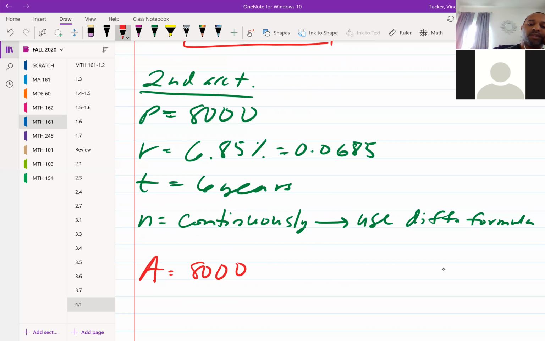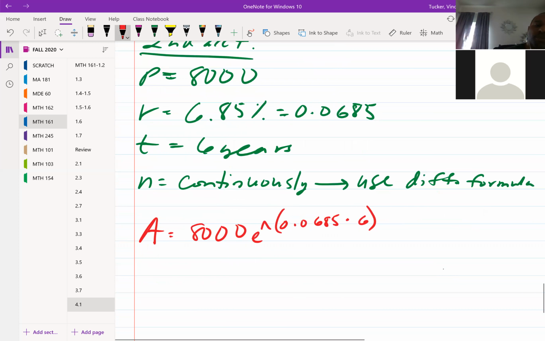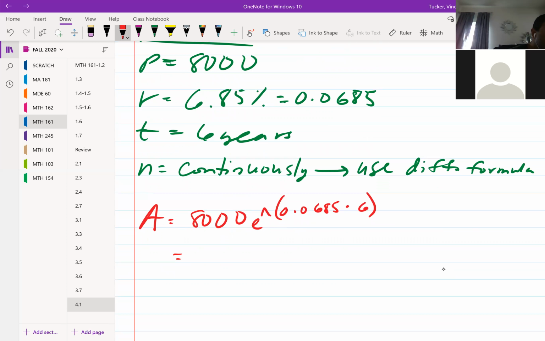So it's 8,000 times e to the r, which is 0.0685, times t, which is 6. You should be able to put that in the calculator as well, just like that. And that will be $12,066.60.